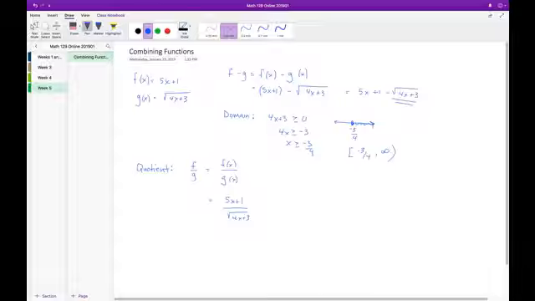And now since I have a square root in the denominator, I also can't take the square root of a negative number. So in this case, in terms of restrictions, 4x plus 3 has to be greater than or equal to 0, but since it's in the denominator, it actually can't be 0 either.